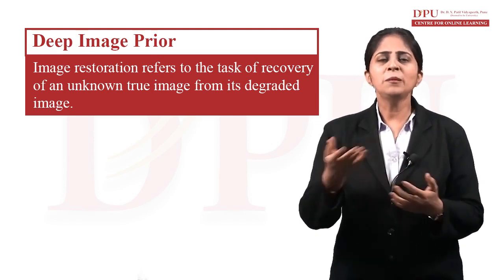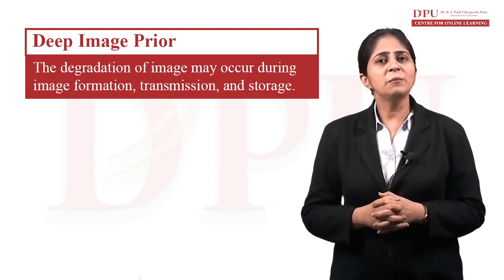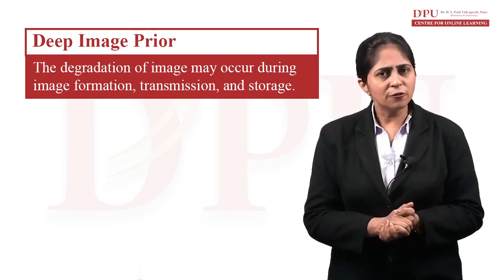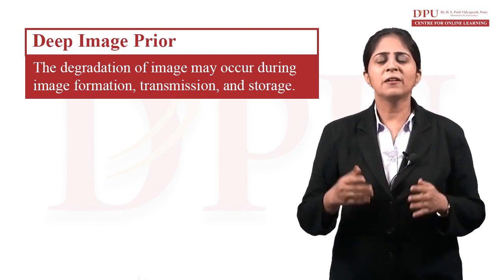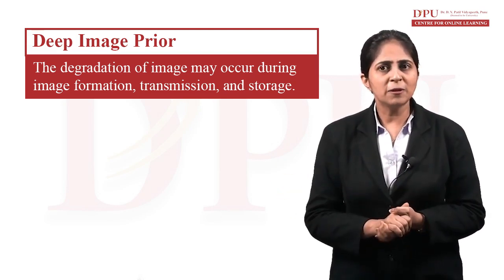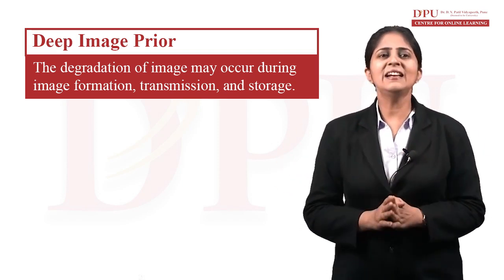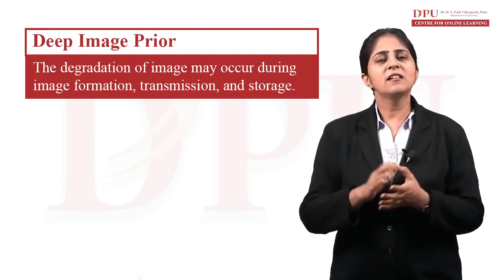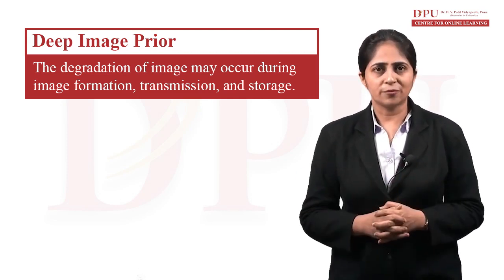Normally, when an image passes from one system to another, degradation of the image occurs. It may occur during image formation, during transmission, that means when the image is being transmitted from one place to another, and while storing the image, we can degrade the image. So if there is degradation in the image, we need to restore it.